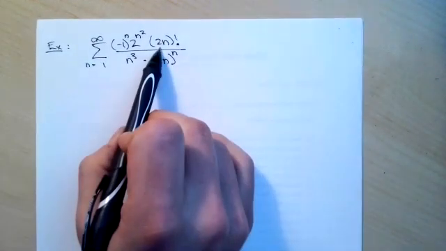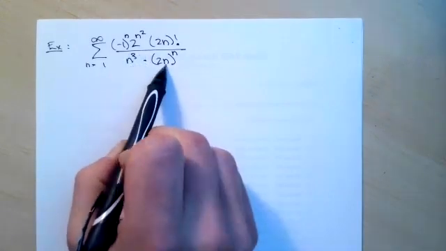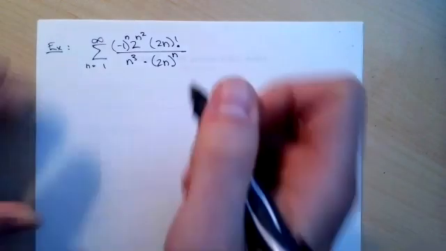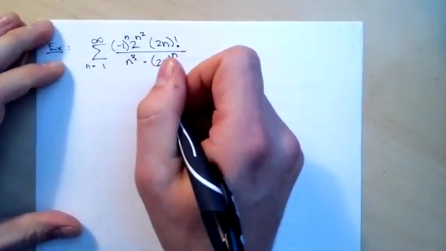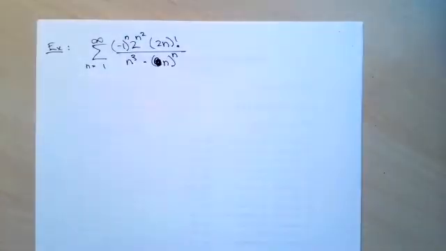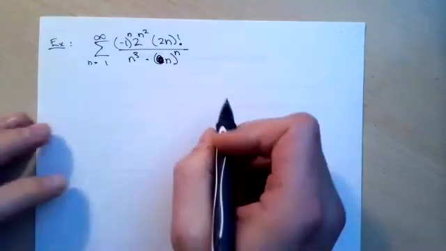We even have a factorial in the numerator, but in the denominator, we've got a polynomial times something like n to the n. And actually, maybe we'll change that. Let's just change this to n to the n. So what's going to happen with this guy?